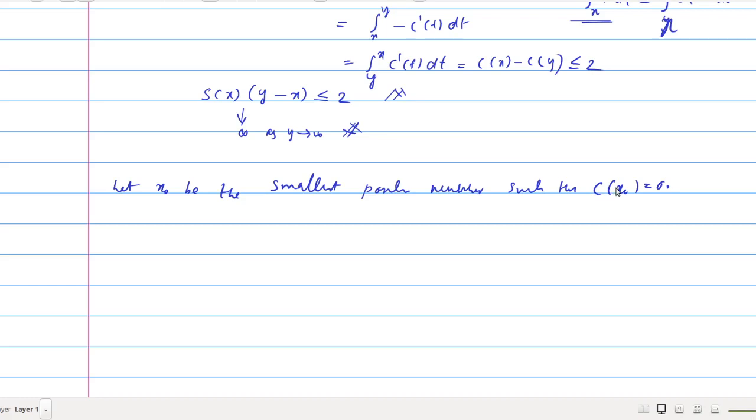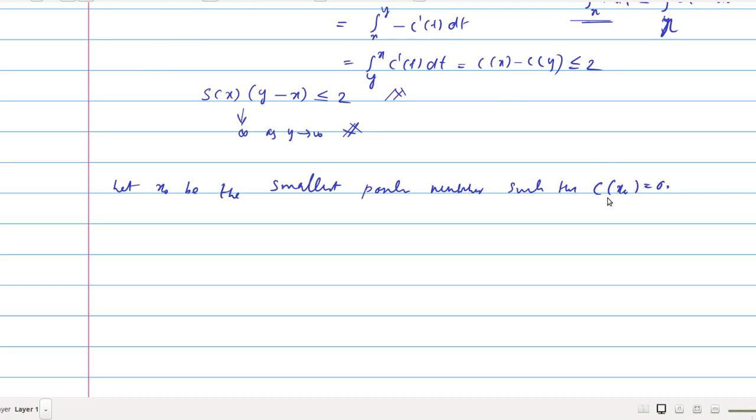Since the set of zeros of a continuous function is closed, such an x naught exists.